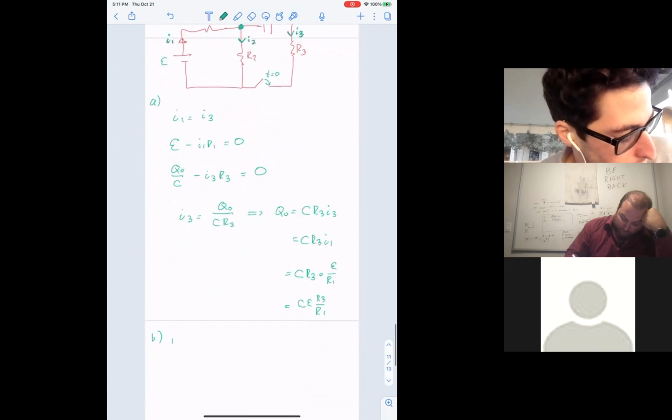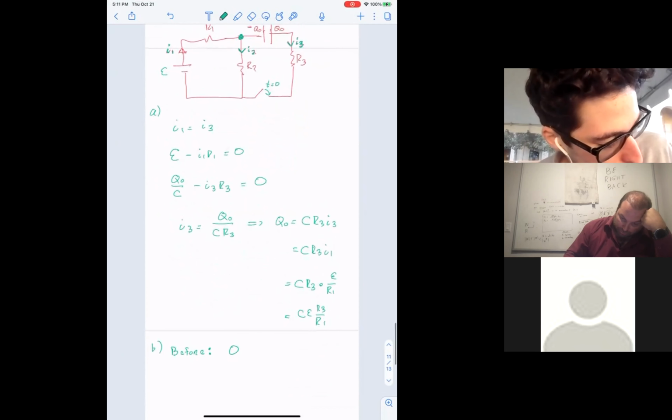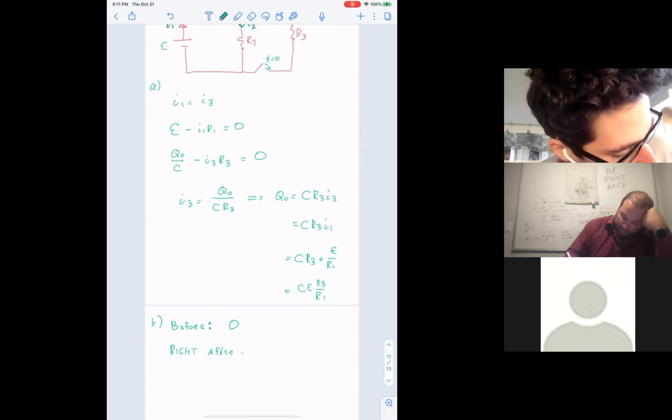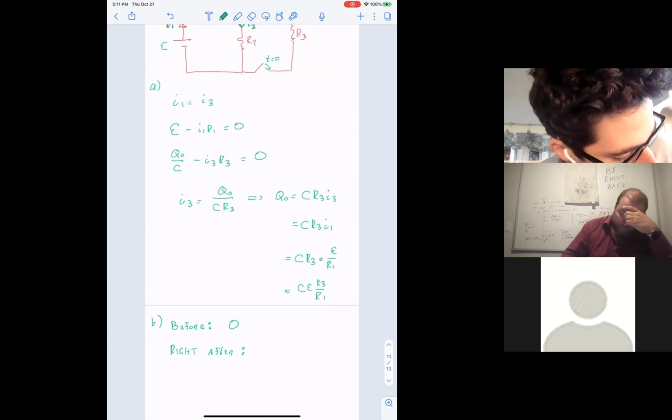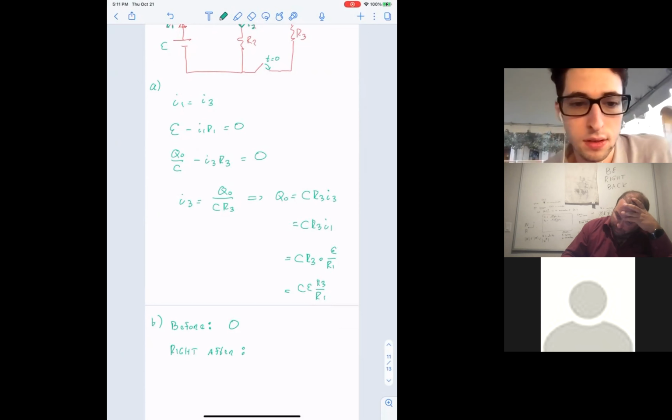Well, before the switch is closed, it's just 0, because you have no circuit for it to go through. Right after, we just solved for I3. But I think we need I3 in terms of this stuff.